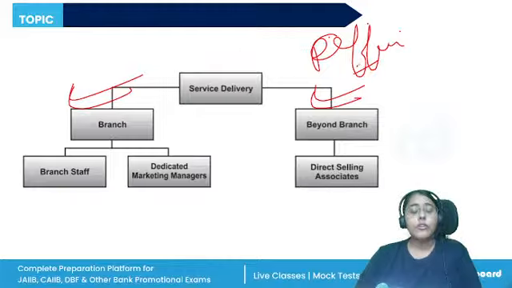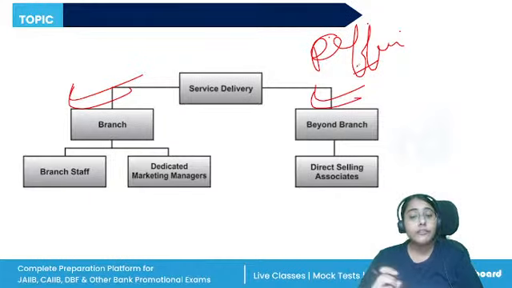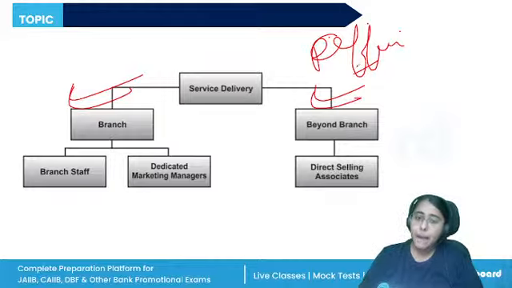When we talk about the internal customer, the staff of the branch, they should have certain characteristics like understanding the customer, cross selling the right product, follow up, customer empathy, understanding the product features. Dedicated marketing managers are specialized marketing managers, they have an MBA in marketing, appointed from the campuses.